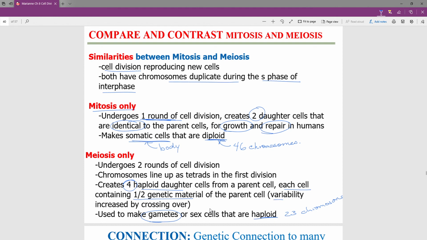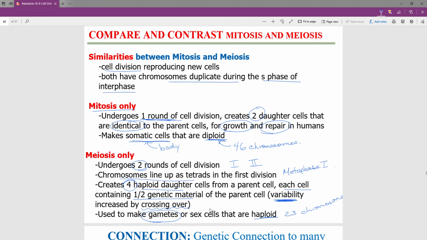And we have this idea of variability further being increased by crossing over. The other thing that is different is that there are 2 rounds of cell division. So we have meiosis 1 and meiosis 2. And that other key bit, that stage that allows it to go from diploid to haploid, this metaphase 1, is how the chromosomes line up.